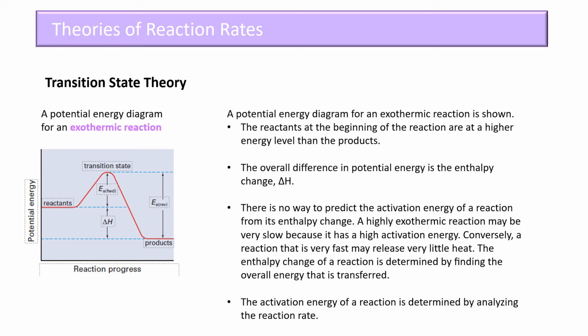Conversely, a reaction that is very fast might release very little heat. The enthalpy change of a reaction, then, is determined by finding the overall energy that is transferred. The activation energy of a reaction is determined by analyzing the reaction rate.